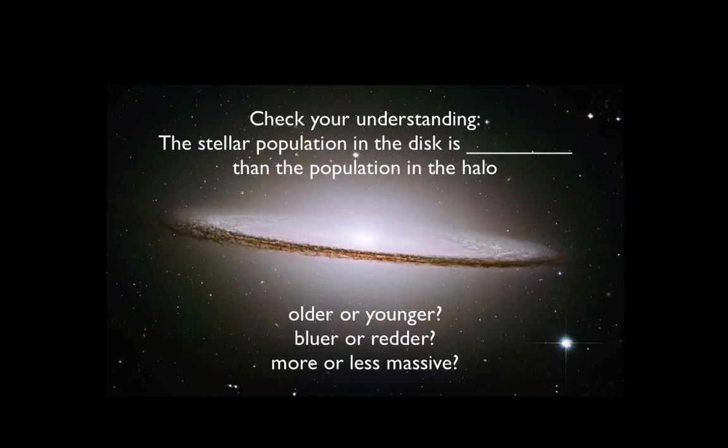So the stellar population in the disk must be older or younger, bluer or redder, more or less massive than the population in the halo, on average. So I just told you that all of the gas and dust are located in the disk. So then what does that mean for the population of stars that you see in the disk versus the halo?